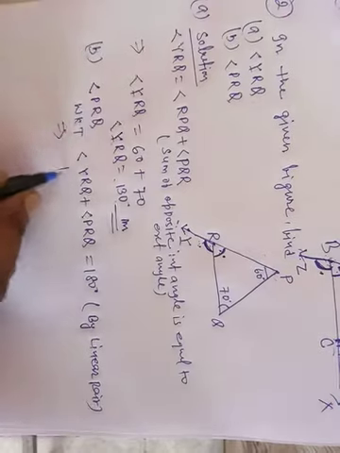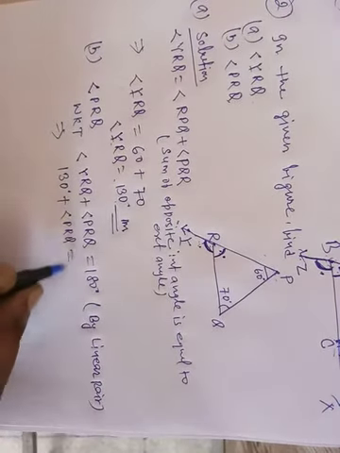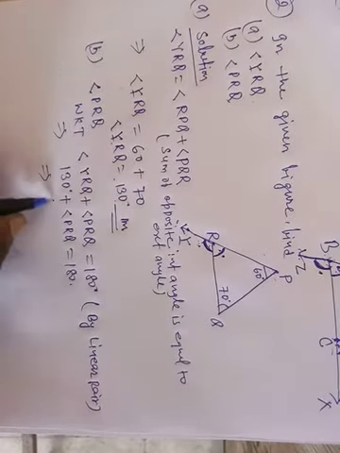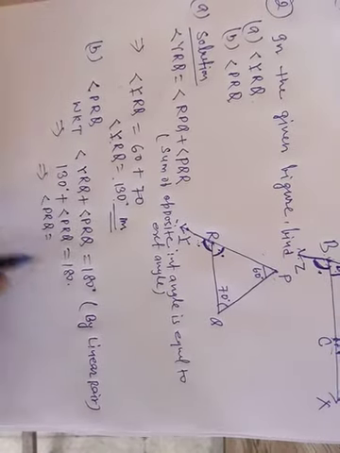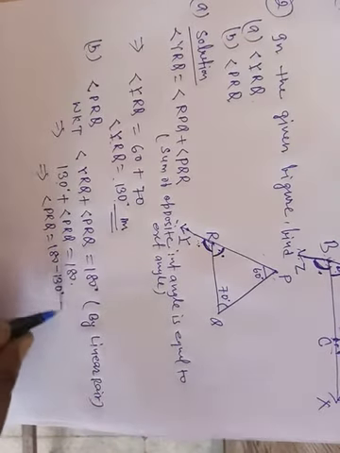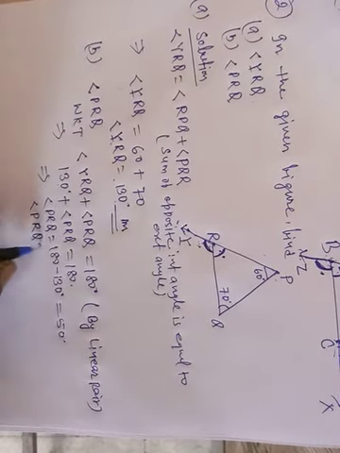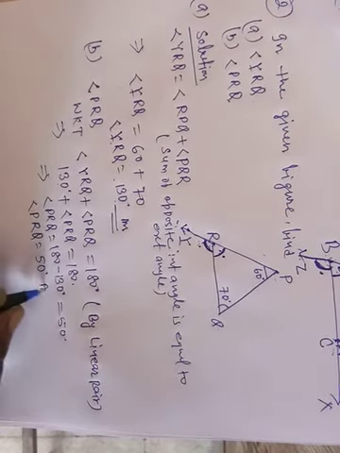So we write angle YRQ plus angle PRQ is equal to 180 degrees, by the linear pair property. Here angle YRQ is 130 degrees, so 130 degrees plus angle PRQ is equal to 180 degrees. So angle PRQ is equal to 180 minus 130, which means 50 degrees. This is the answer.